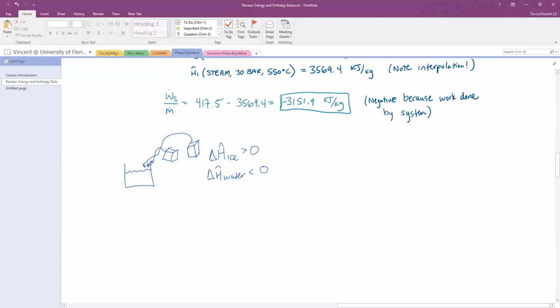In other words, if the energy of the ice decreases and it gets colder, the energy of the water or whatever is in the drink would have to be getting warmer to offset that. And I could write an energy balance on that, and it's a perfectly valid mathematical equation. The problem is, again, that it's not a physical problem because it's not going to happen spontaneously. So that's all for this video. In the next video, we'll talk about what to do to find whether or not something is possible.